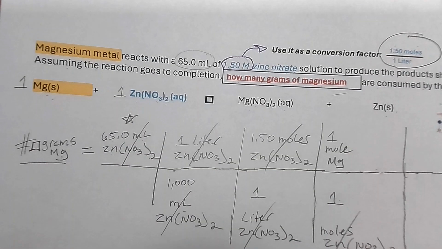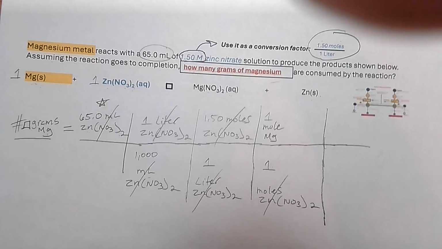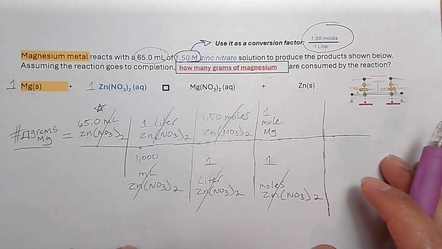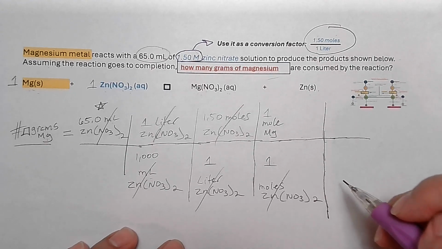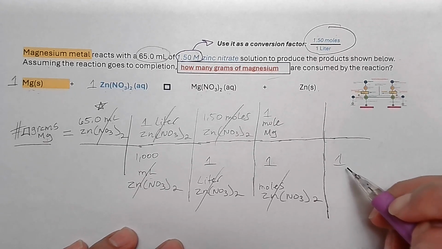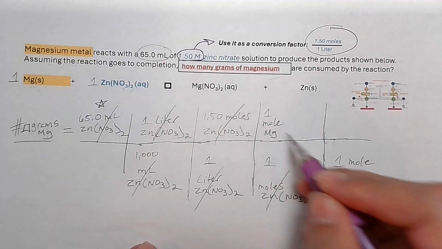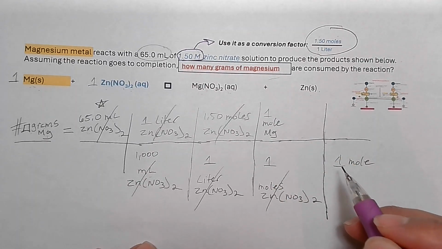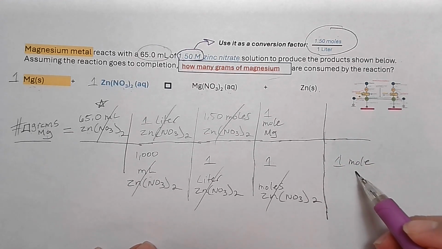Let me come out of this a little bit first, because else it's going to be a big mess. So basically, I'm going to write 1 mole, because that's what the conversion factor told me. And also because it's going diagonal, you have to have the same units.